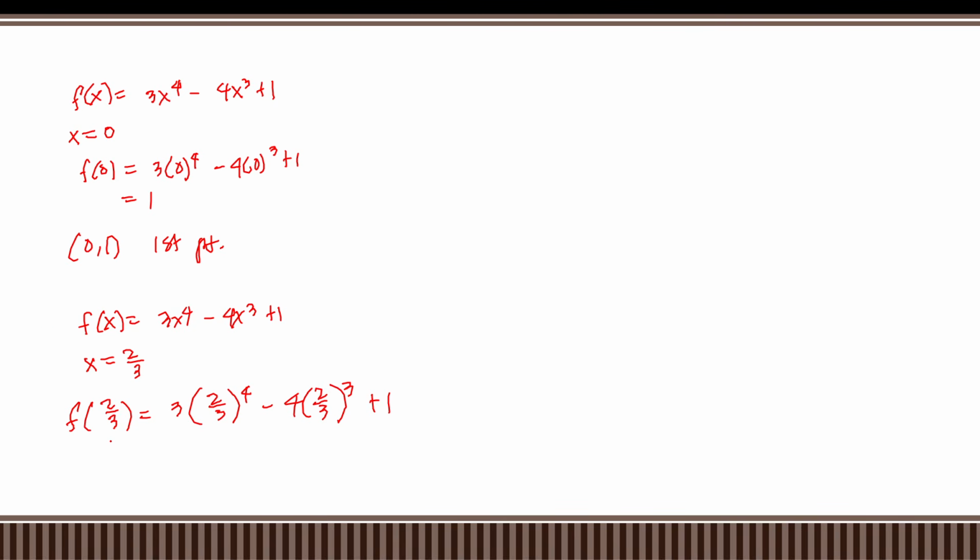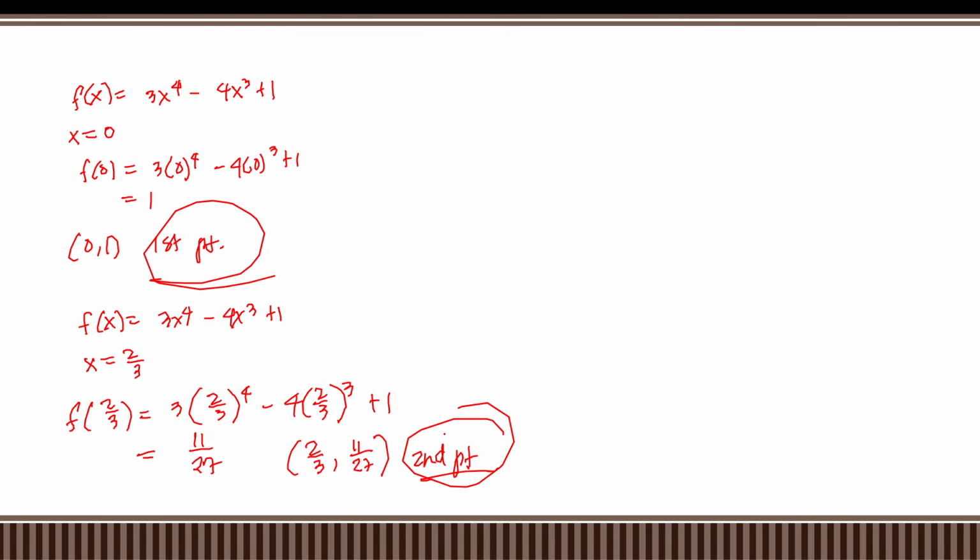If you use your calculator, the result is 11/27. So the second point is (2/3, 11/27). So these are the first and second points of inflection.